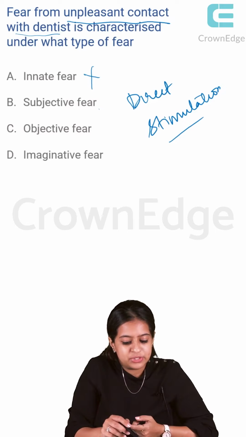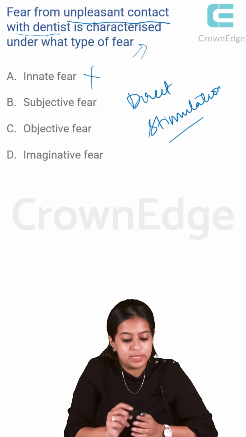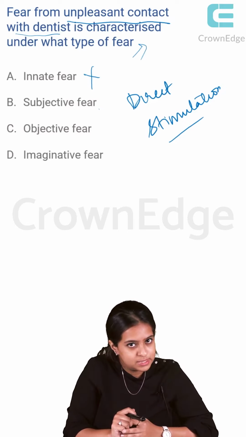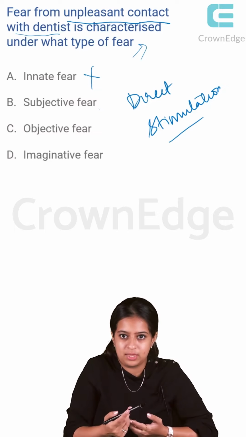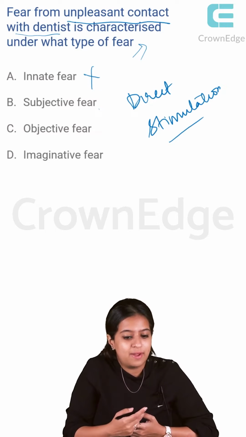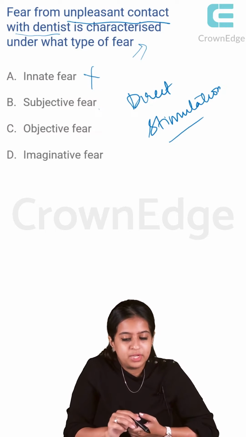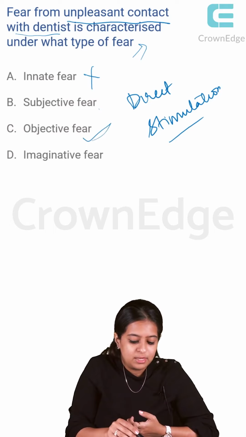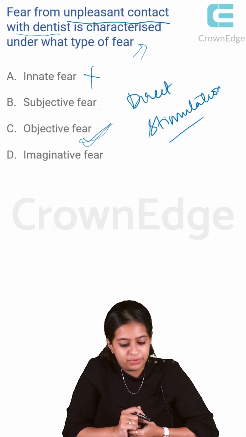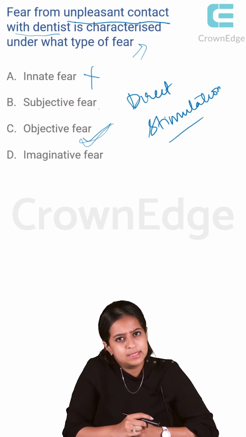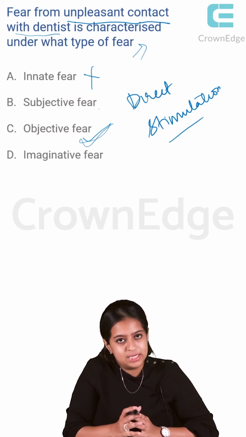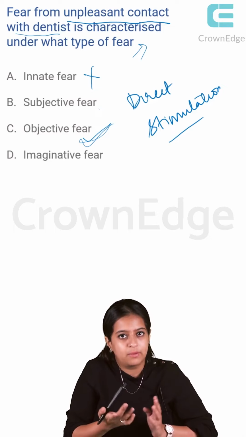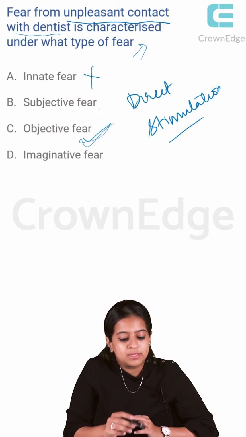Does the question mention any external influences here? No. They've not mentioned the mother or a friend or any external factors. Nothing is given here. Objective fear, yes, this is a classic example of an objective fear. The child has gone to a previous dentist and undergone an unpleasant experience, and that's why when he comes to the next visit, to a new clinic, to your clinic, he has this kind of fear that he portrays.